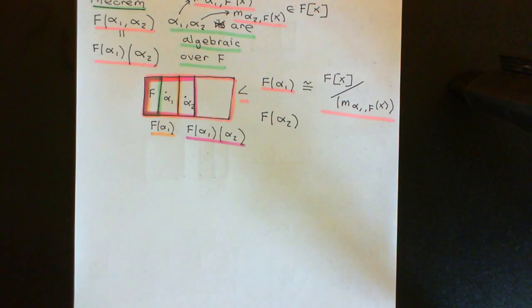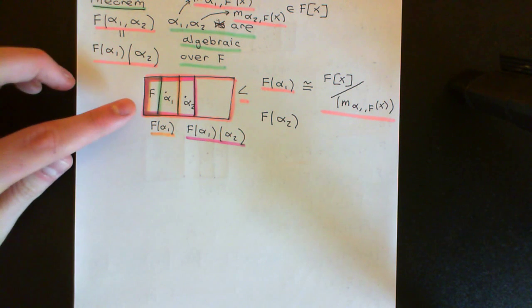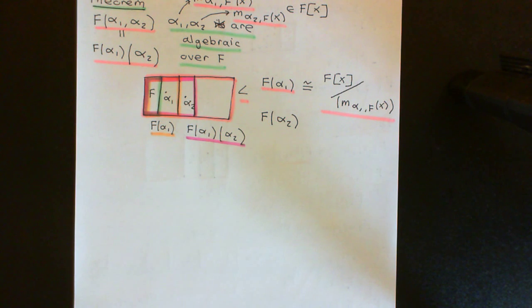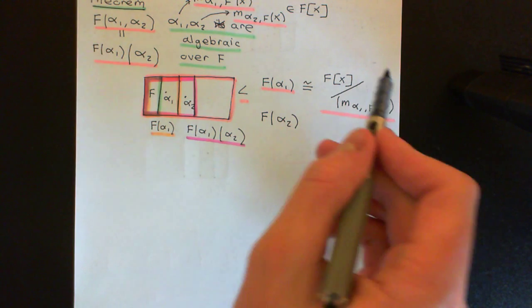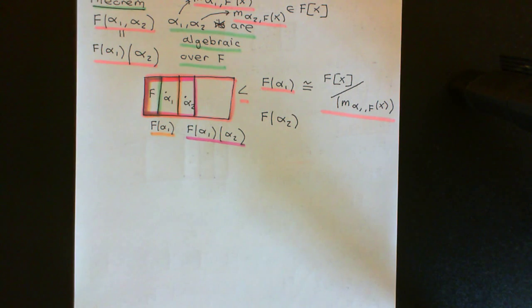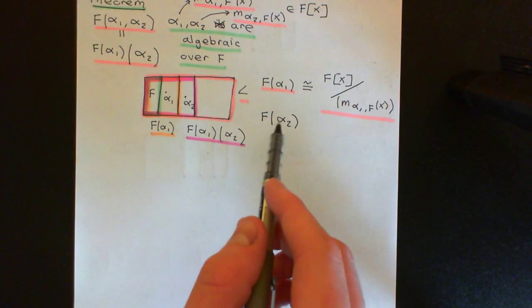All we need to do is look at all the polynomials with coefficients in the field capital F, evaluate them all at alpha 2, we'll get a whole bunch of elements in the field capital L. That subset of capital L is actually going to end up being a subfield that is a field extension of F, because all of the constant polynomials will be mapped onto F, so they're all in this subset. Again, we know that it'll be a subfield because of the fact that it's isomorphic to this structure, which is a field.